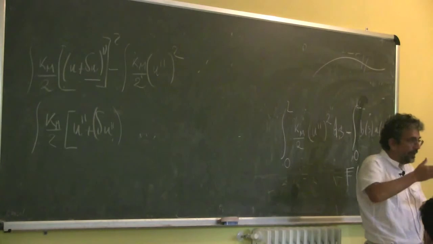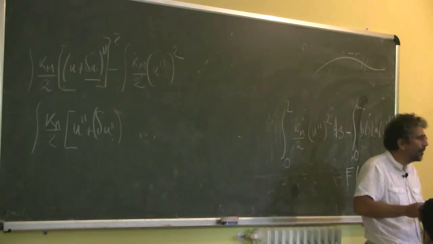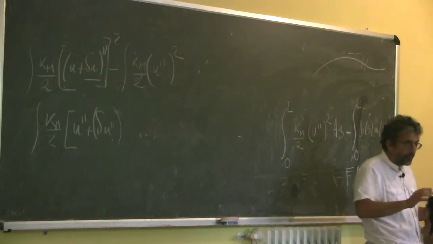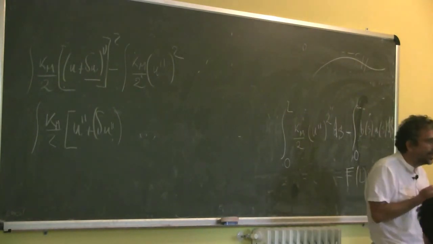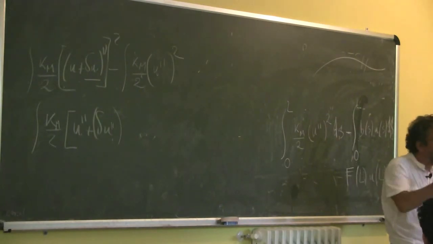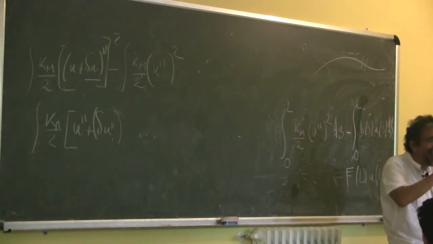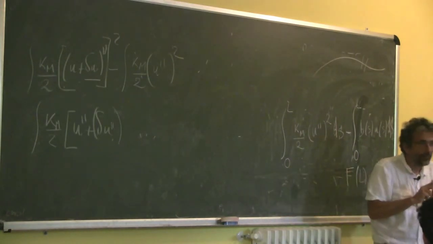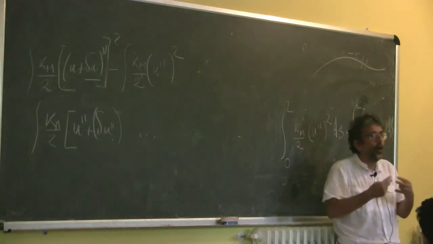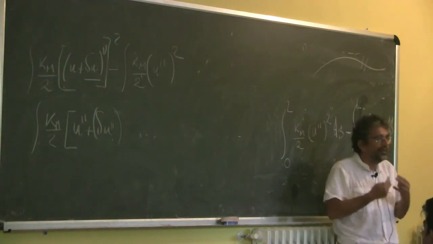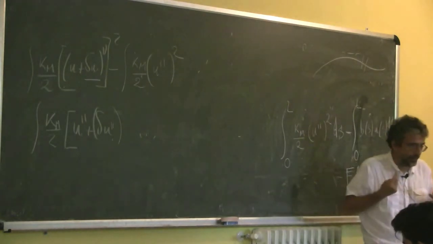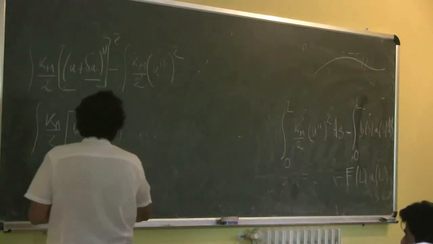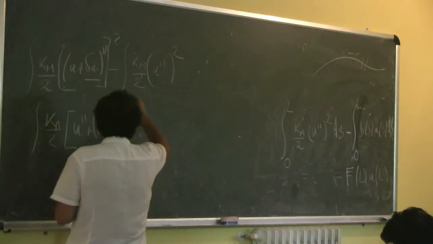Lagrange wrote about 20 pages for persuading the reader that he needed the commutation of delta with derivatives. So in a sense, he was already formulating the theory of Sobolev spaces. Okay? Now let us see what happens when this commutation is possible.